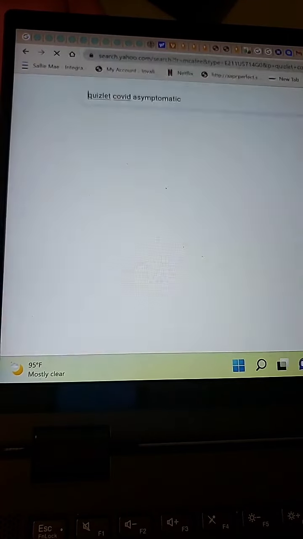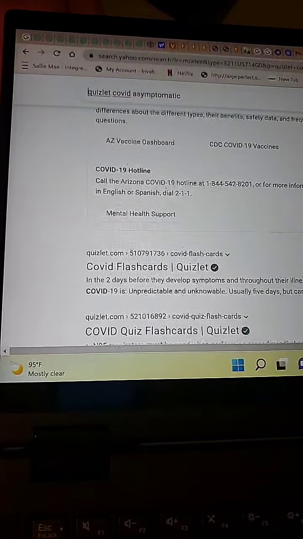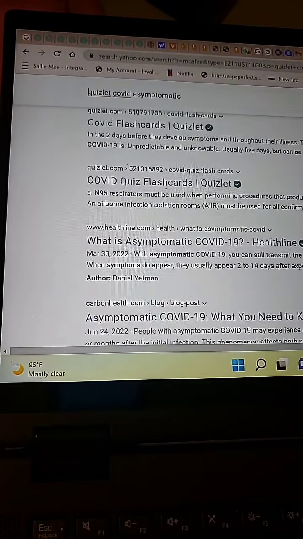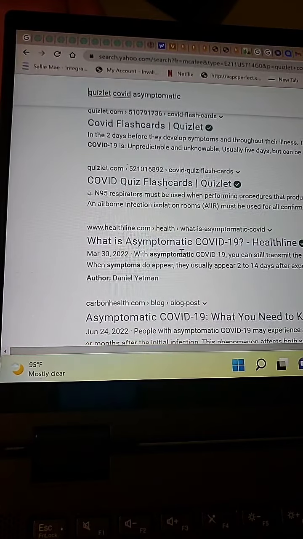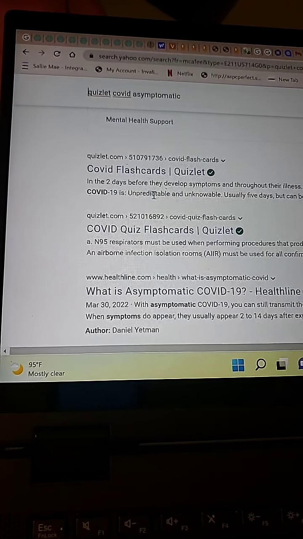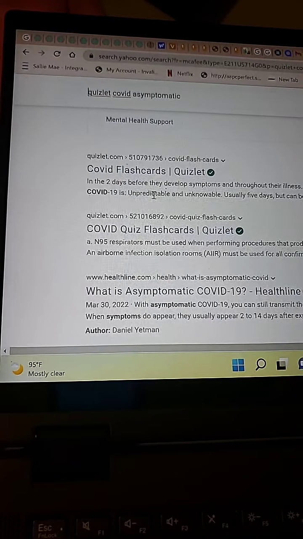Asymptomatic. I wonder if they've got it listed here. Quizlet flashcards for COVID. Asymptomatic? Oh, Healthline's telling me, but I'm looking for Quizlet. It's COVID guideline. You found it? Quizlet's not updated, I know. They're usually not. Did y'all find a guideline?